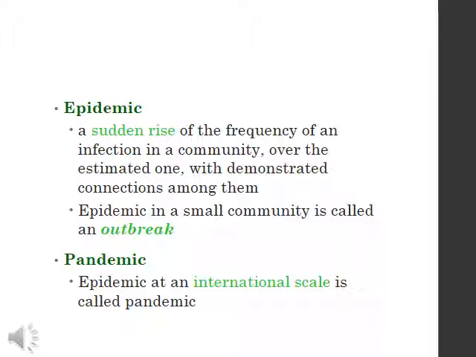So spread of disease throughout the world or at international scale will be a pandemic. In COVID-19 cases, the virus moved from China and spread across the whole world. This will be a pandemic. So when a disease spreads this much at the international level, we say it's a pandemic.